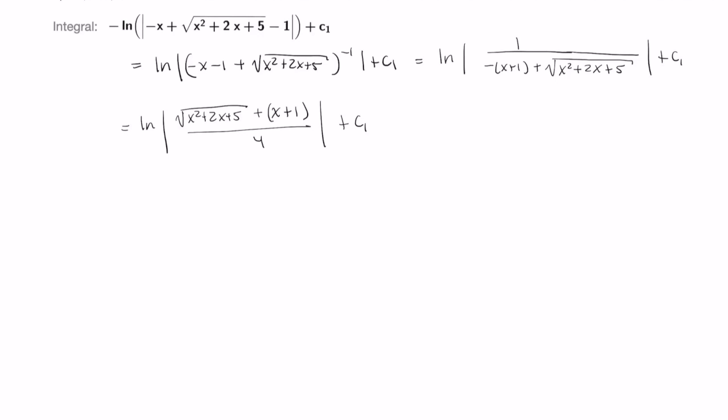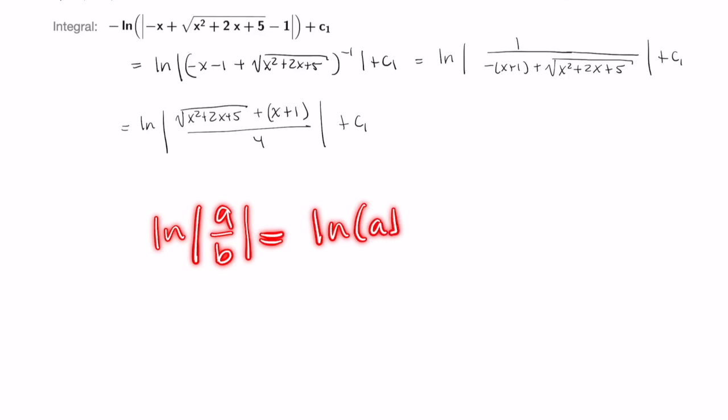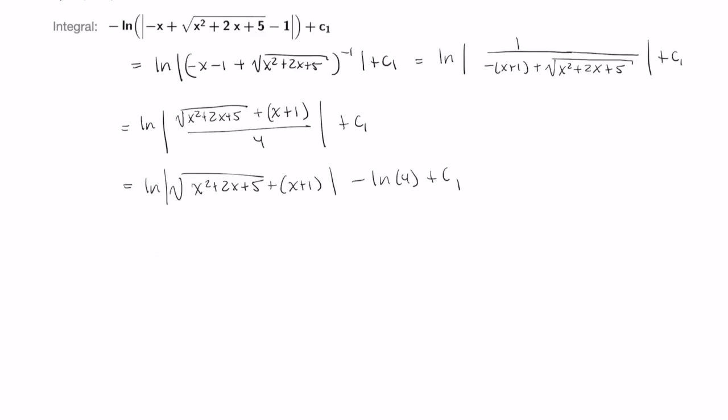Okay, so let's take advantage of the fact, again, that the natural log of a quotient can be rewritten as a difference, as you see here. And then we can say, let c equal c1 minus the natural log of 4. And then this will match our original solution exactly.